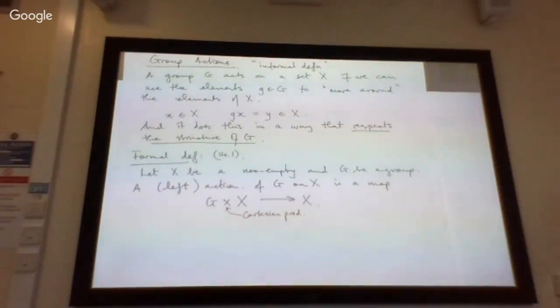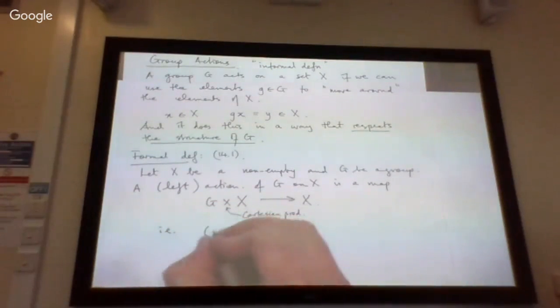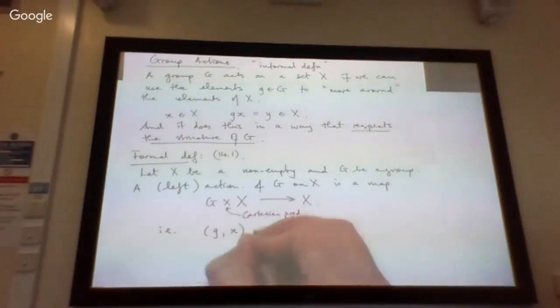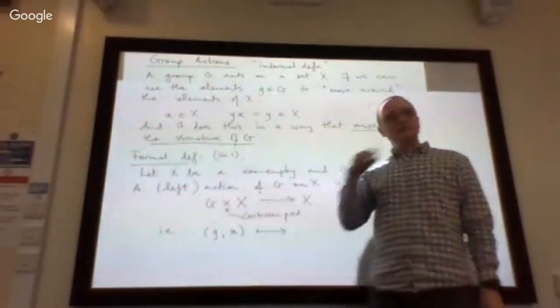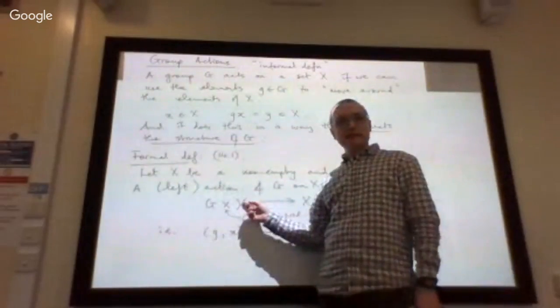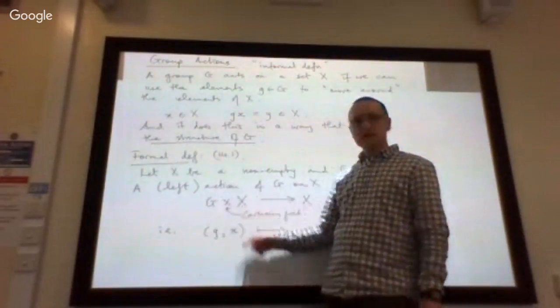So this is just a fancy way of saying that for any pair G and X, where G is an element from G and X is an element of X. Remember, that's what the Cartesian product is, just a set of all ordered pairs. Something from the first thing and something from the second thing.